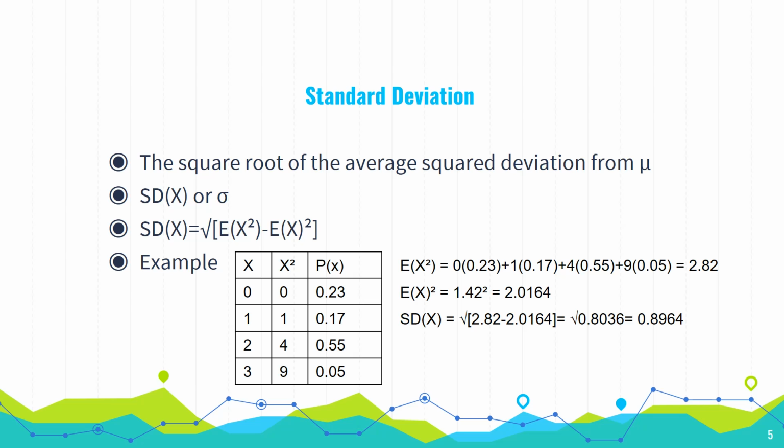And this formula is the square root of the expected value of X squared minus the expected value squared. Notice the difference. Having the little exponent 2 inside the parentheses makes a difference. The first expected value is we take all of the values that the random variable can take, square them all, and then you find the expected value of those squared values.